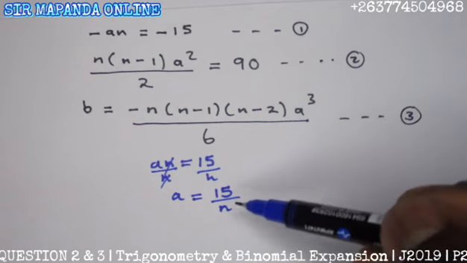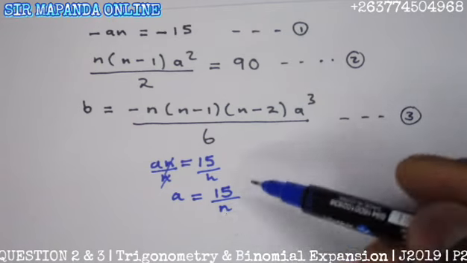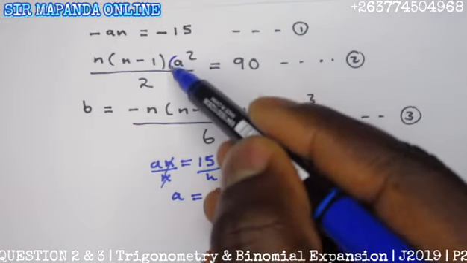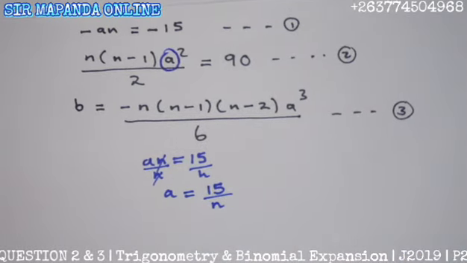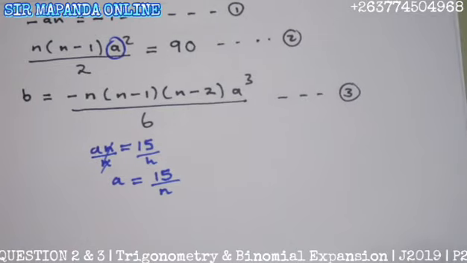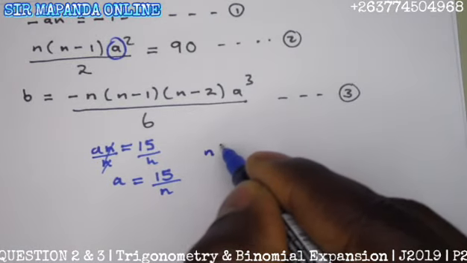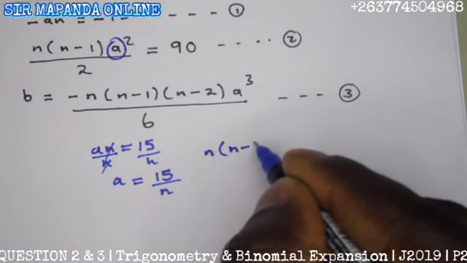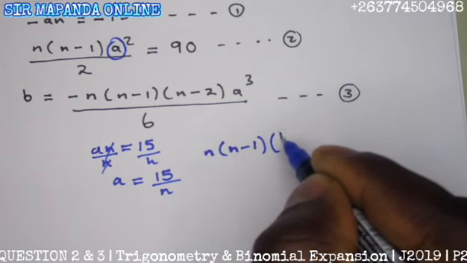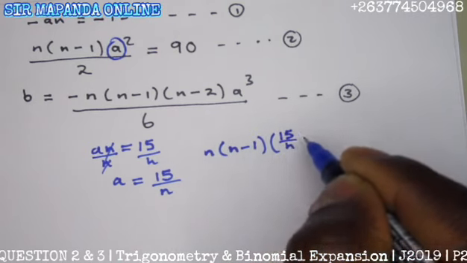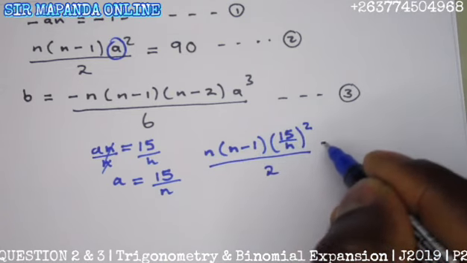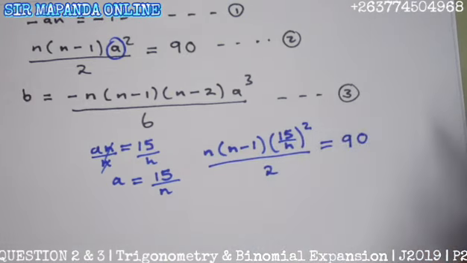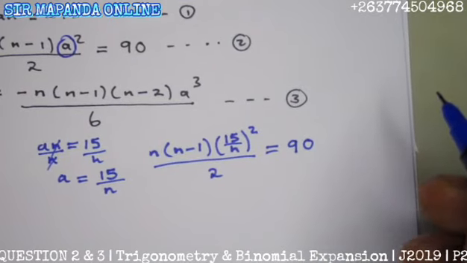Right. So let us substitute 15 over n for a in the second equation. You get n, open bracket, n minus 1, then you put 15 over n on a, raise this to the power 2, divide by 2, then equate this to 90.